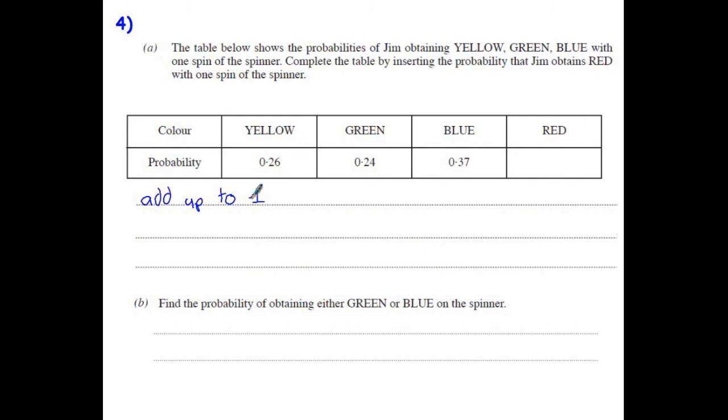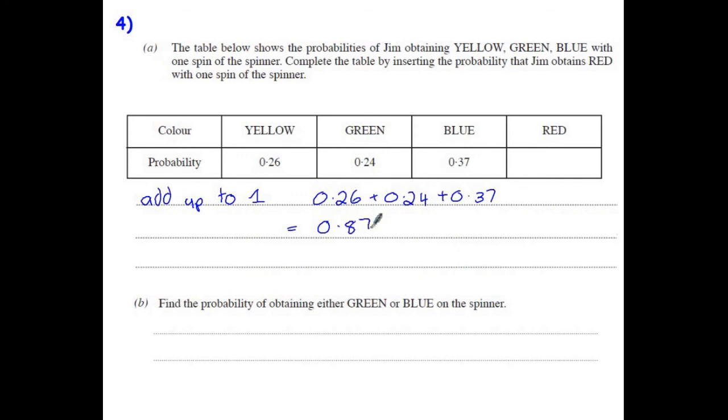So we do the same thing that we did last time. Let's add up the probabilities that we know. So we know that the probability of yellow is 0.26. The probability that it's green is 0.24. And the probability that it's blue is 0.37. When we add those together, we end up with 0.87.